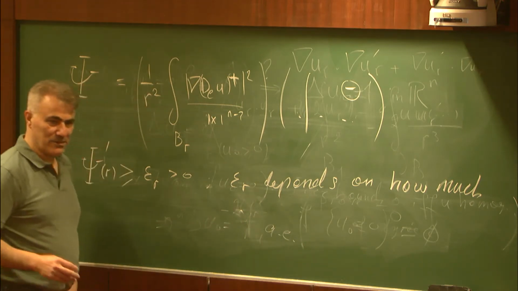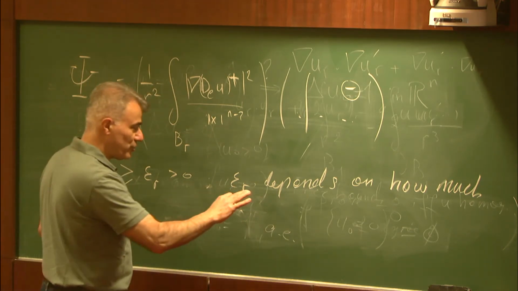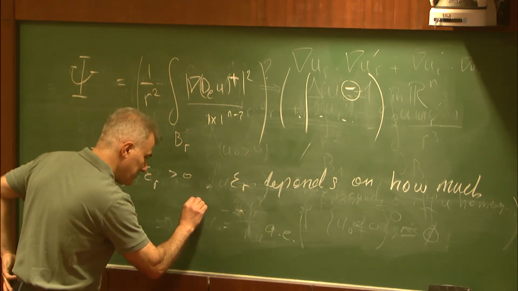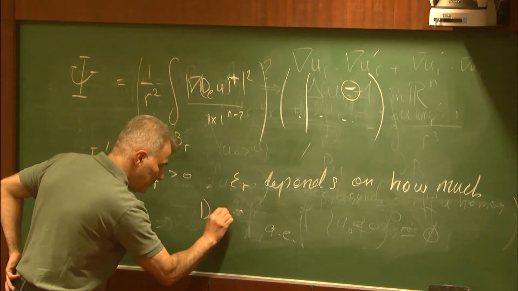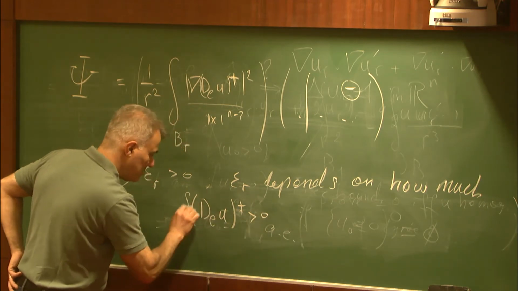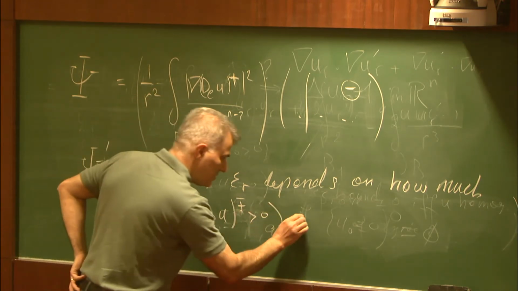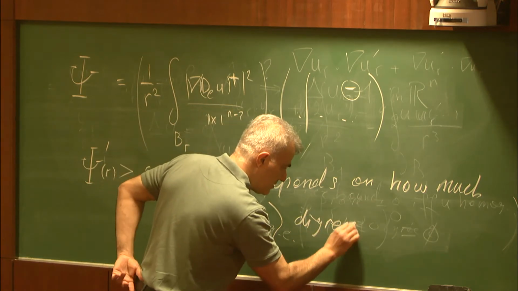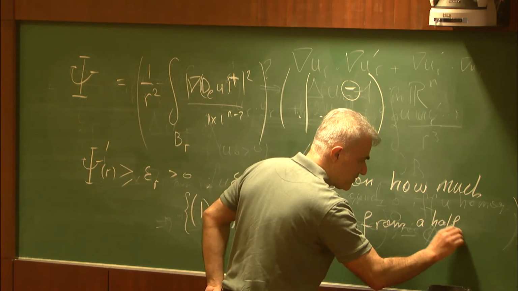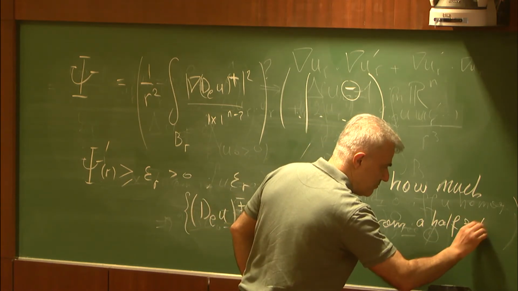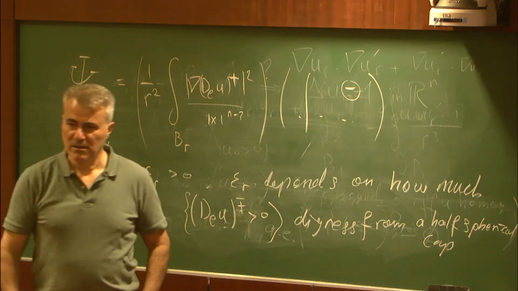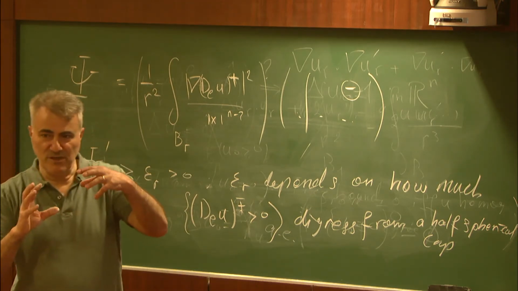So whenever it's not zero, whenever there's a digression, it depends on how much the sets {u plus positive} and {u negative} digress from the half spherical cap. So the supports are different.